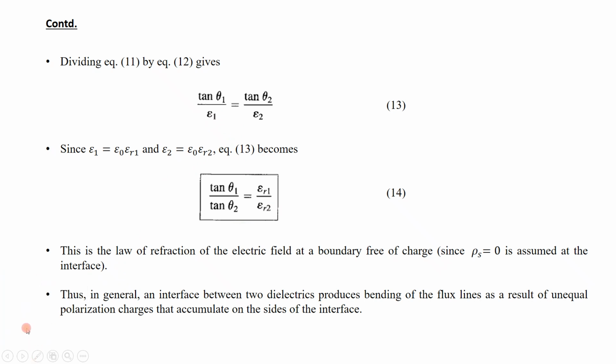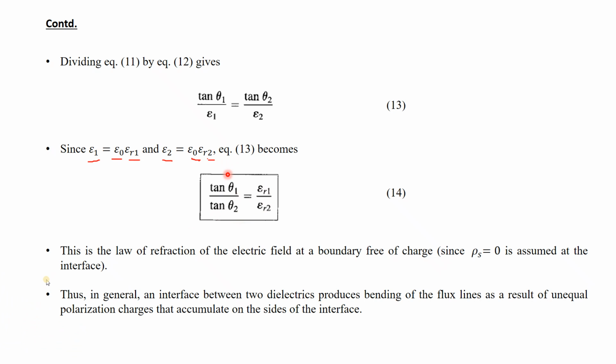Now epsilon 1 is the permittivity of the particular medium. Permittivity of a medium equals absolute permittivity multiplied by relative permittivity. If I write epsilon 1 as epsilon naught epsilon r1 and epsilon 2 as epsilon naught epsilon r2, then epsilon naught gets cancelled, so we get only epsilon r1 by epsilon r2.